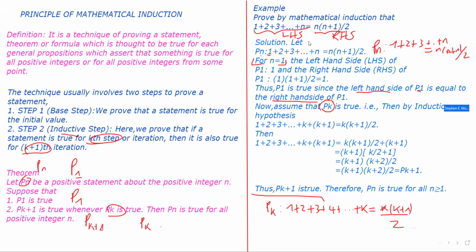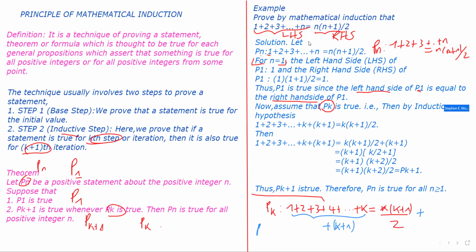So this is our Pk, and we assume that our Pk is true. If Pk is true, then Pk plus 1 will just be that: we can write this term here and include a k plus 1 term.